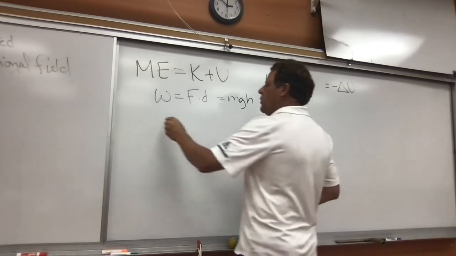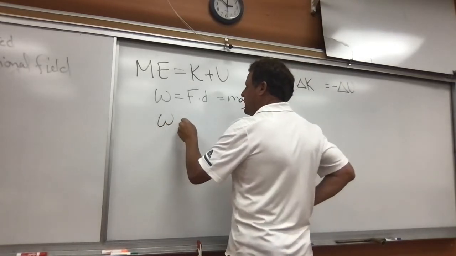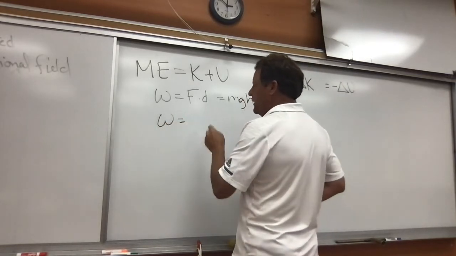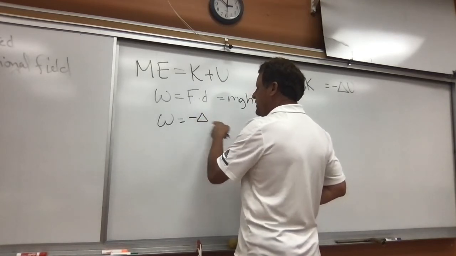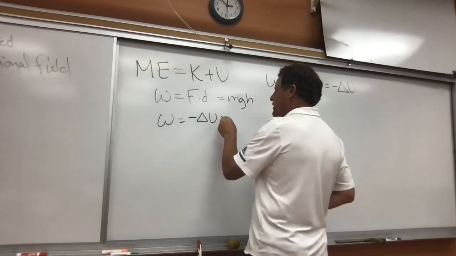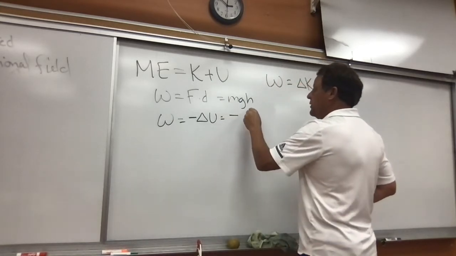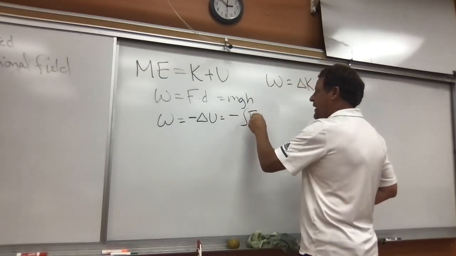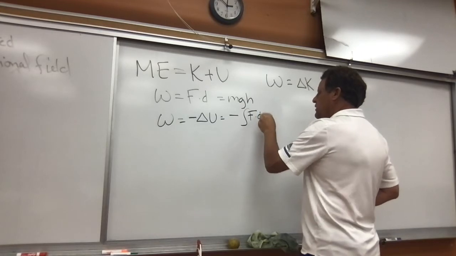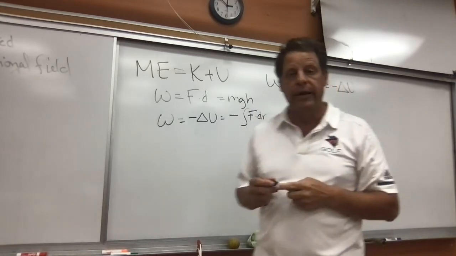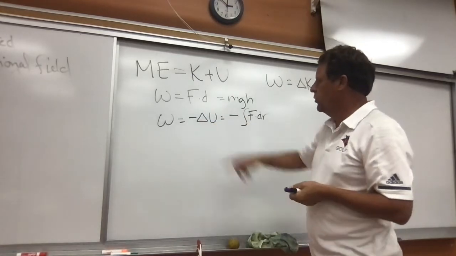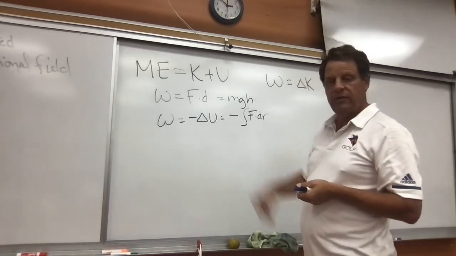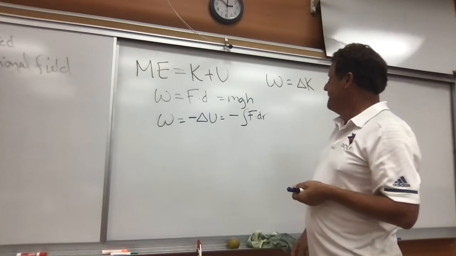Essentially, work would be equal to the negative change in potential energy, which would be the negative integral of F dr. The negative is in there because we're talking about working against potential energy.